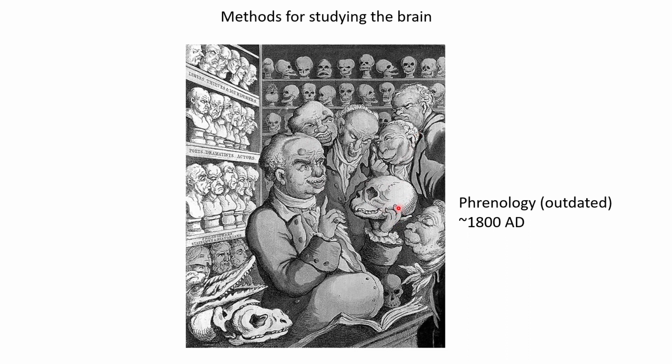The second observation was that if you look at the personalities of different people, they are quite different. Some people are more loving while some are not. Some are more hopeful, some are not. Some are more spiritual, some are more content, and so on. And people thought that maybe these different bumps are indicating what features or personalities the people will have.